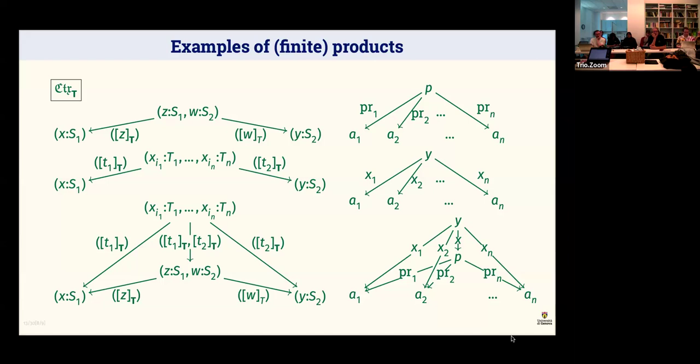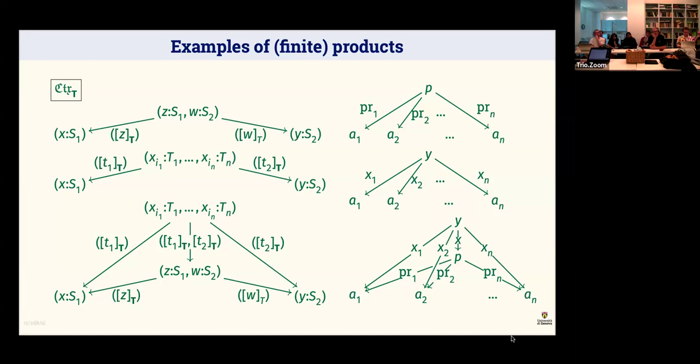And so the product diagram, given these two, consists of another context. It has to be, well, it's not really very constructive. It is explicit, but you have to be careful about which names one is using here. The best thing is to take completely different variables from those involved here and involved there.